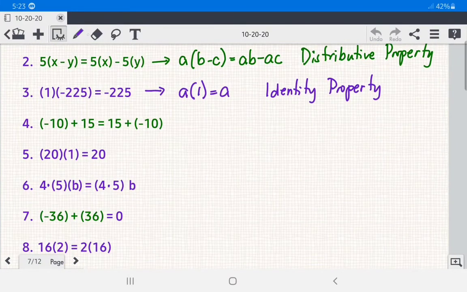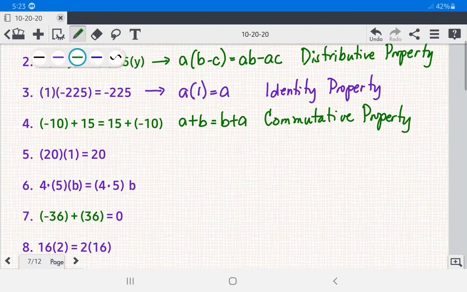We have negative 10 plus 15 is equal to 15 plus negative 10. So, number 4 illustrates commutative property, that A plus B is equal to B plus A, right? So, number 4 is commutative property.